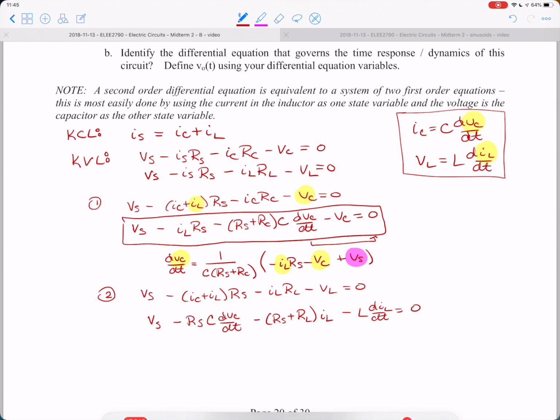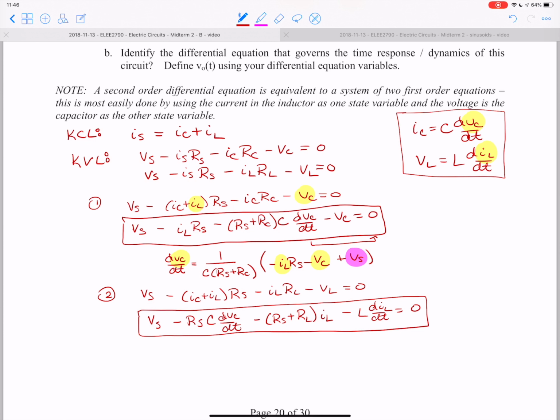And it's perfectly acceptable to leave this in this form, although it's not quite the standard that we would prefer our differential equation in. But if you want to actually get down to the bottom line, you're going to rearrange and notice that dIL by dt is equal to 1 over L. Play the same game as before, except this time you're going to be doing a little bit more replacing.